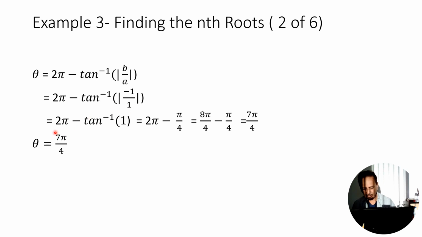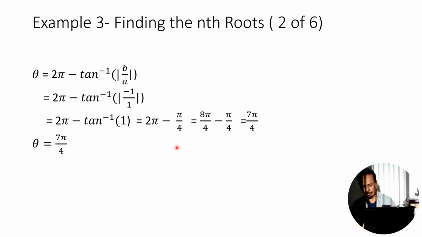Simplify, you have θ = 2π − tan⁻¹ 1. Now from the table of values, tan⁻¹ 1 is π/4. So now we have θ = 2π − π/4.